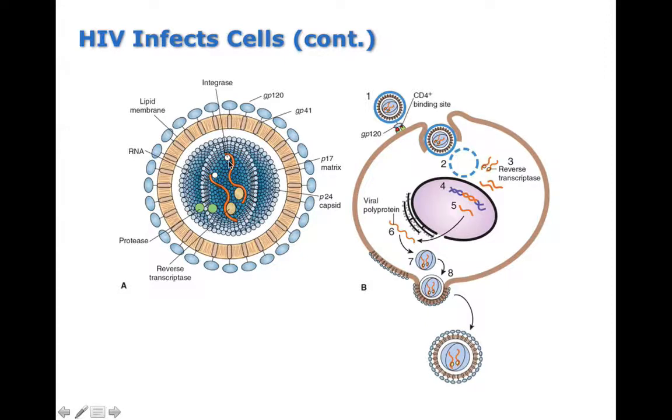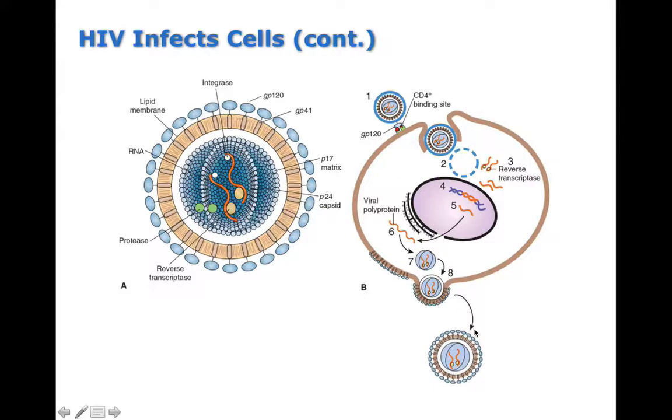Integrase is what actually helps to insert the DNA HIV genome copy into the host cell genome, and then proteases are involved with basically cutting up a viral polyprotein into lots of individual polypeptides, which are the viral proteins, like other enzymes.